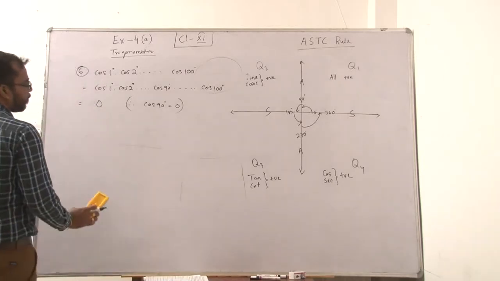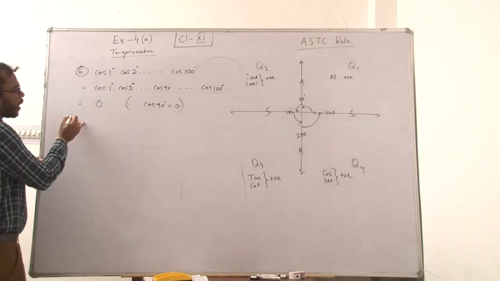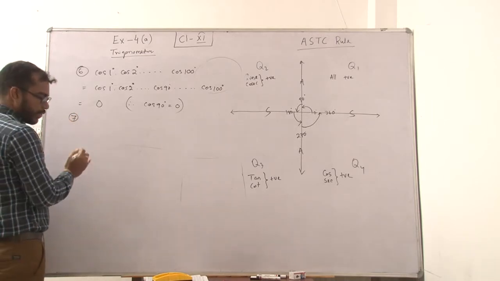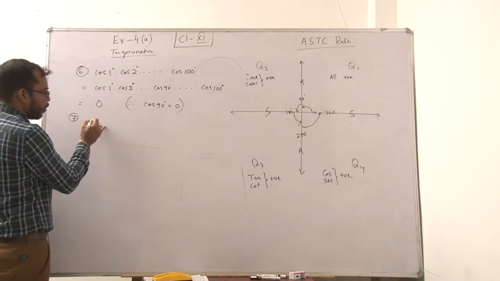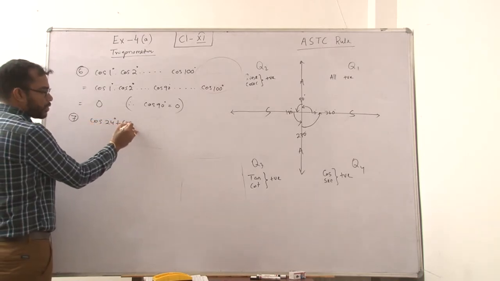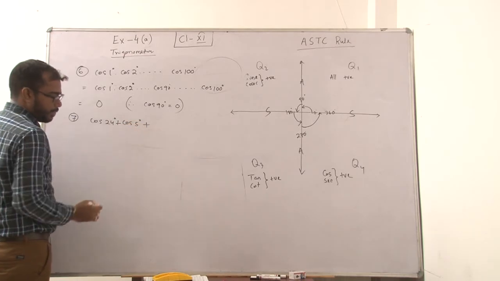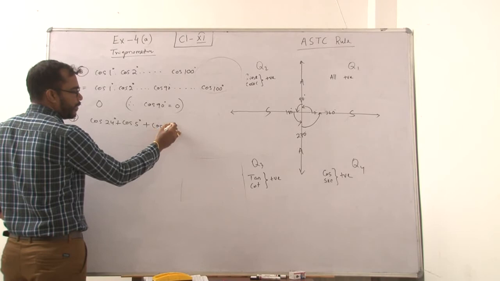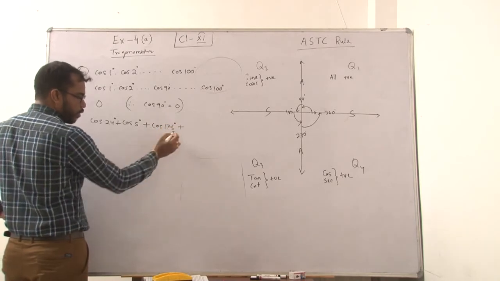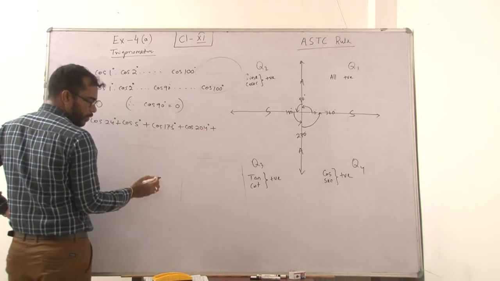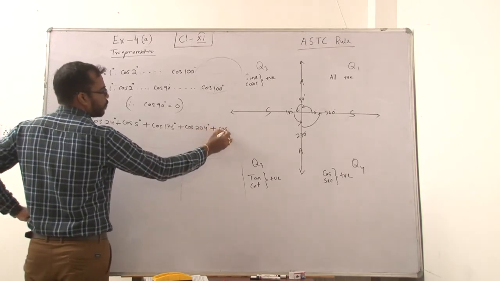Next, question number 7. Question number 7 is: find the value of cos 24 degree plus cos 5 degree plus cos 175 degree plus cos 204 degree plus cos 300 degree.